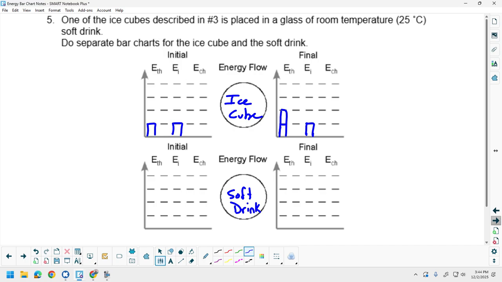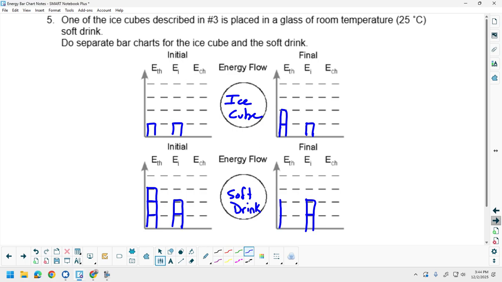For the soft drink, the soft drink is a liquid, and it's going to stay a liquid as we go to drink it. Initially, it's warm when we first take it out of, I don't know, a soda, if we take it out of the 24 pack of soda. And then by putting the ice cube into it, that's going to lower the temperature of the soft drink.